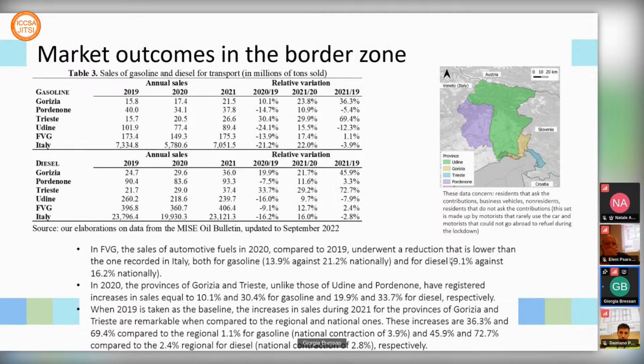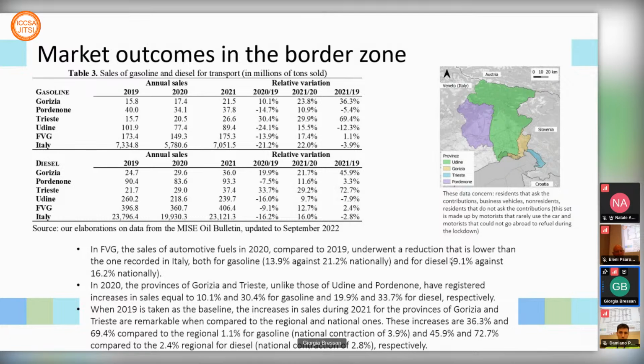You can see, for instance, the drop is of almost 14% at regional level, while at national level the drop is of 21% for gasoline.